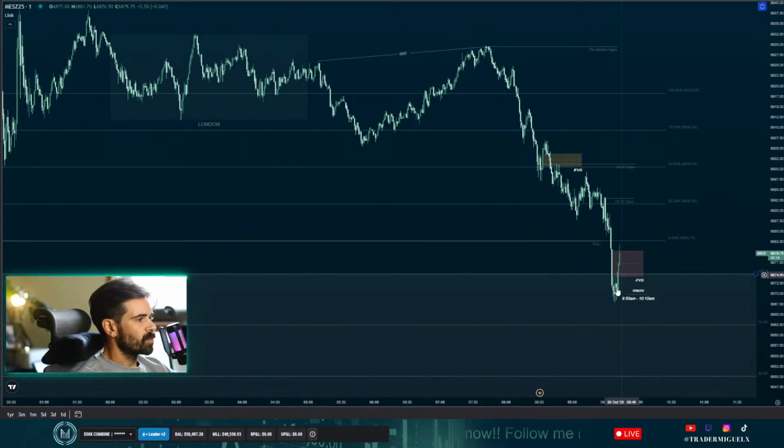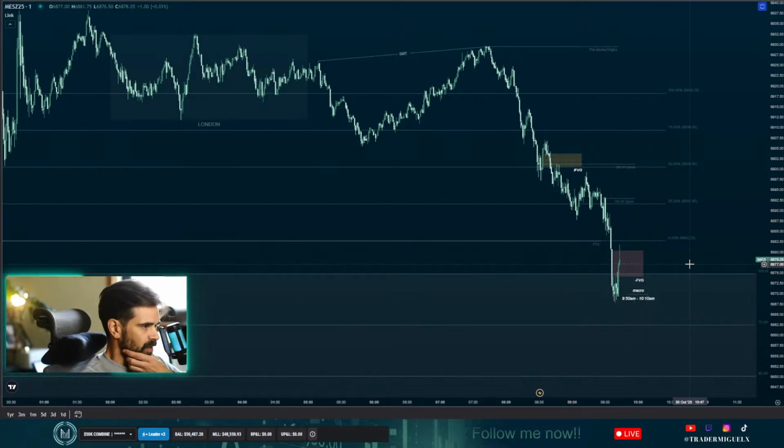I guess this is what we were expecting. I want to see price trade a little bit higher just before heading into something bullish.